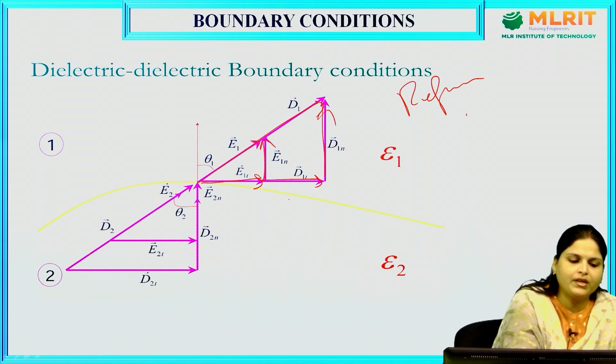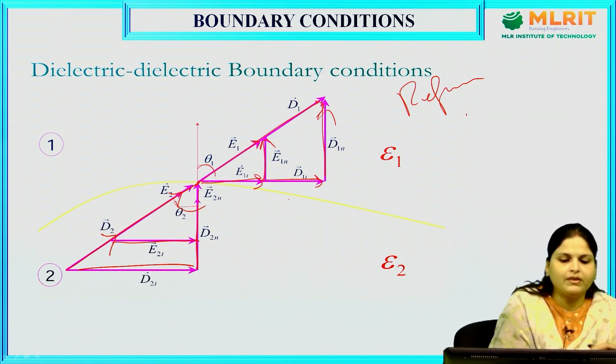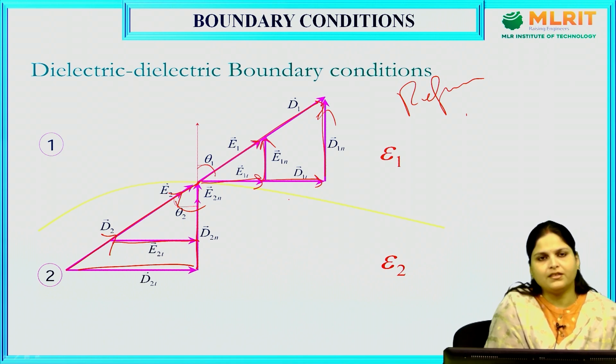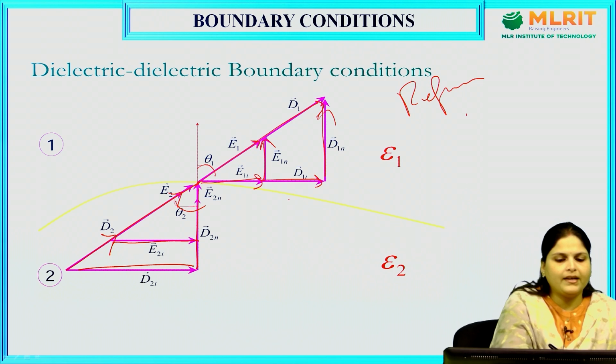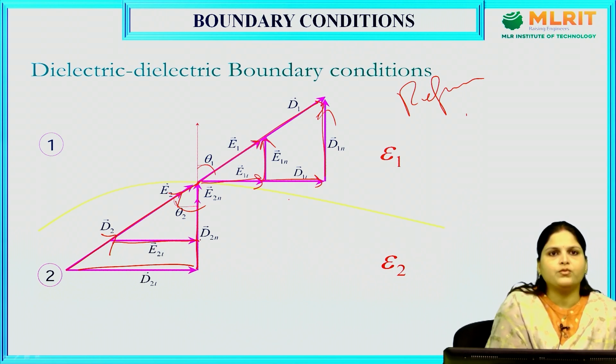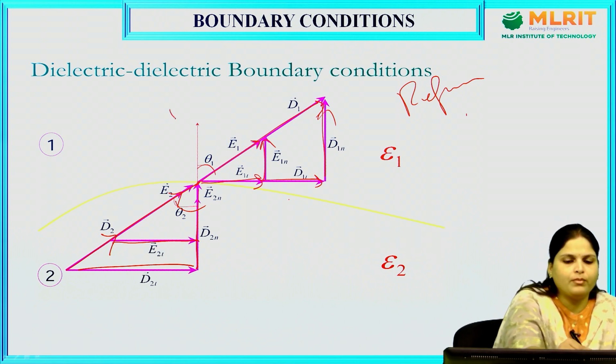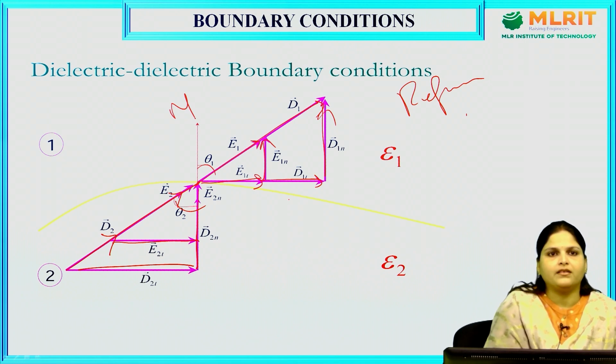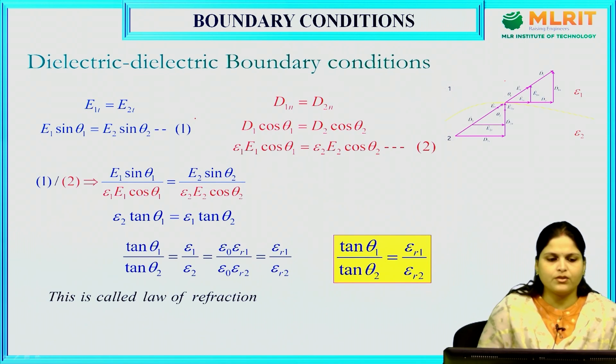Similarly, this is D2, this is E2, these are normal components and these are tangential components, and two different angles are there, theta 1 and theta 2. A slight difference will be there because that's what happens in refraction, and these two angles are with respect to the normal, so we get these angles slightly different, right. So let us solve this also.